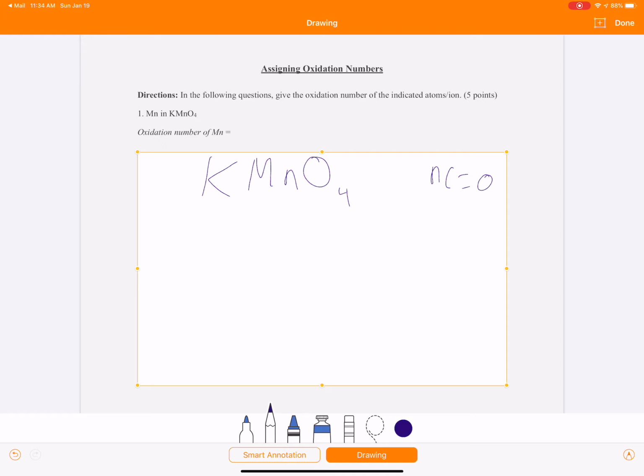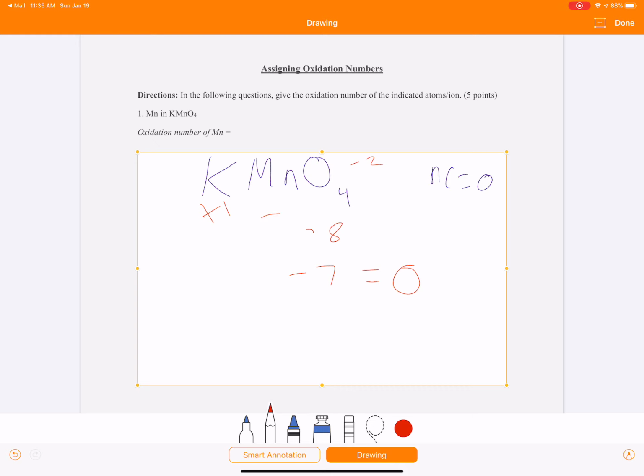We just read a rule that says that oxygen is always -2 unless in a peroxide. So here oxygen's total charge is -8. We also read about group 1 metals. They are always +1 unless in their elemental form. So now we have a charge of -7. And we need to get the total charge to equal 0. So we're hoping that manganese will somehow balance this out.